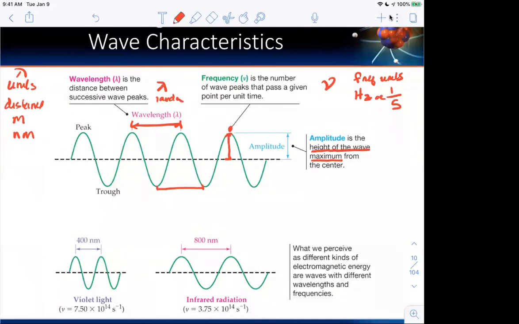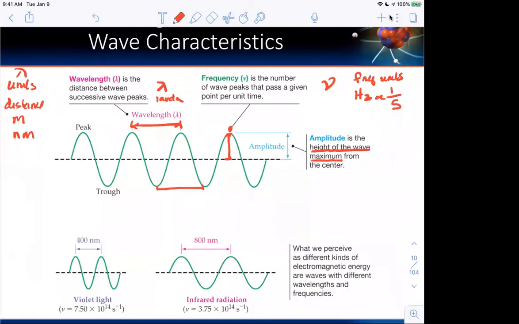The bottom graphic is showing you that what we perceive as different kinds of electromagnetic energy are actually waves that have different wavelengths and frequency.